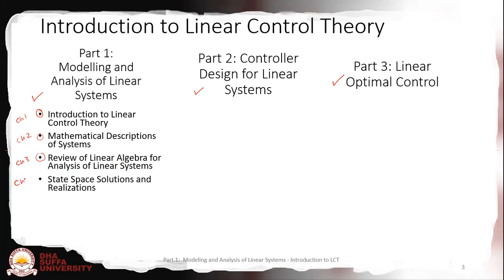Chapter 4 is about state space realization and its solutions. Chapter 5 is about stability, and 6 is about controllability and observability, right? So today we're going to talk in general about the linear control theory, its introduction.